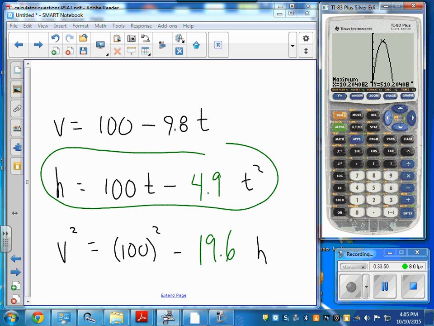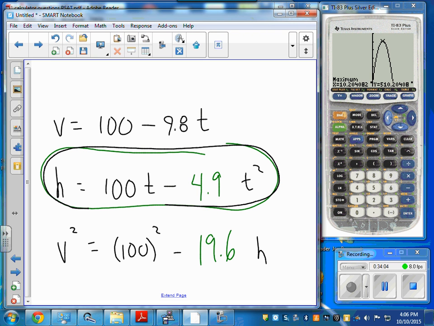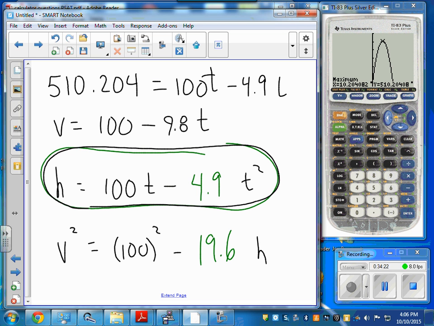Okay, and the last question on the test is, how long will it take for the arrow to reach its maximum height to the nearest tenth of a second? Okay, so now we have our height given here. We know that the height is equal to 510. I'm going to go ahead and write a new equation. 510.204 is going to be equal to 100T minus 4.9T squared.